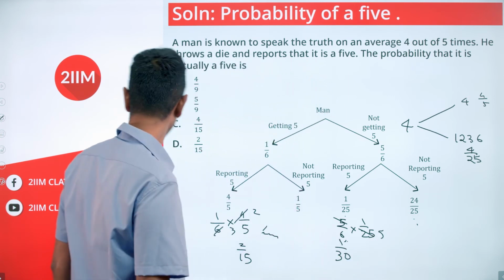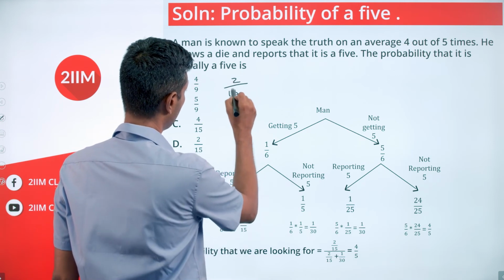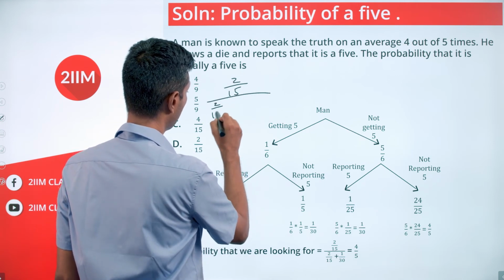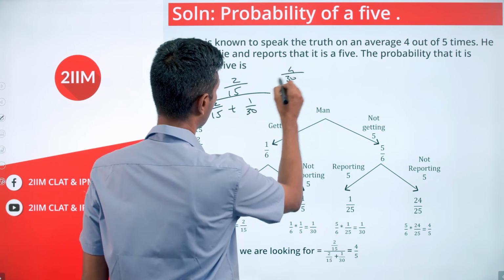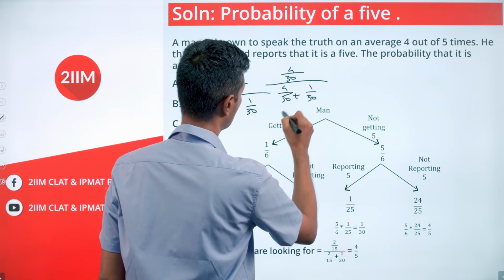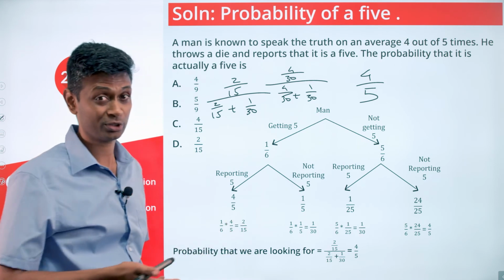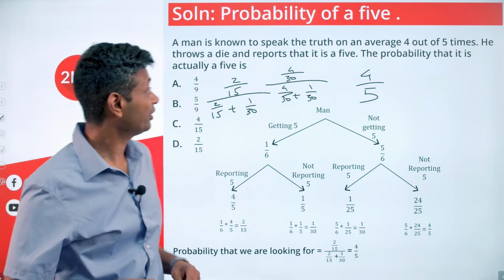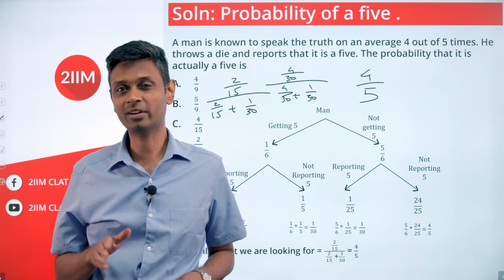And the final probability we have will be 2 by 15 by 2 by 15 plus 1 by 30, or 4 by 30 by 4 by 30 plus 1 by 30, 4 by 30 by 5 by 30, which is 4 by 5, which seems intuitively right. If he reports a 5, the probability there is actually a 5, he speaks truth 4 out of 5 times, it should be roughly in that ballpark.